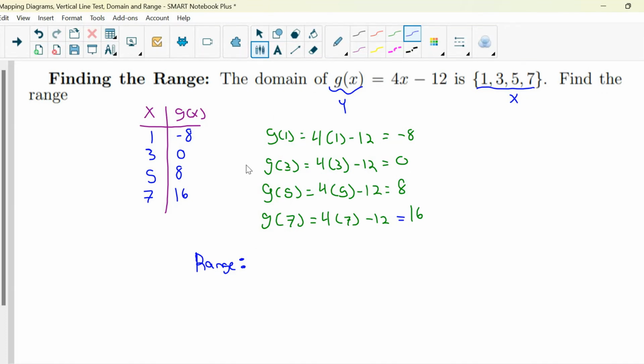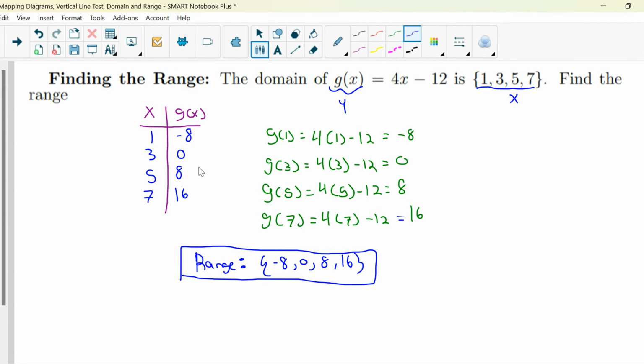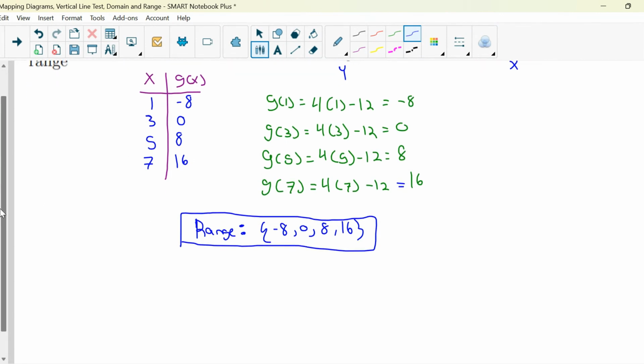So our range of this function would be all of our g of x values. So our range would be the set of -8, 0, 8, 16. Okay, those are our possible output values for each of these input values, each of the domain values.